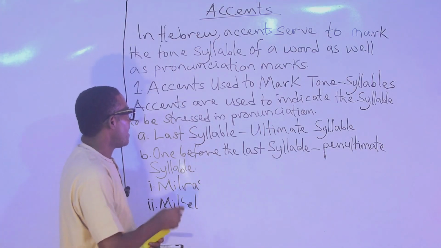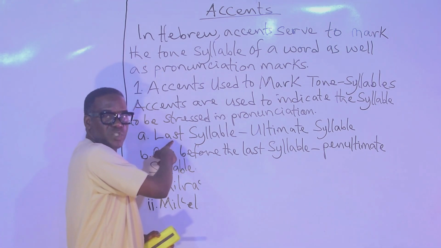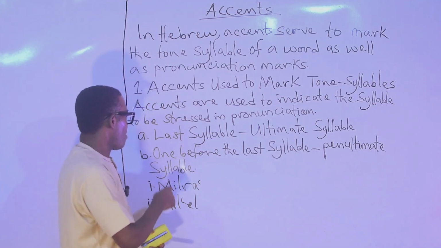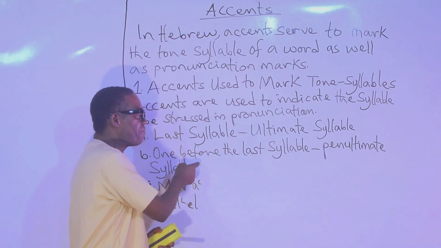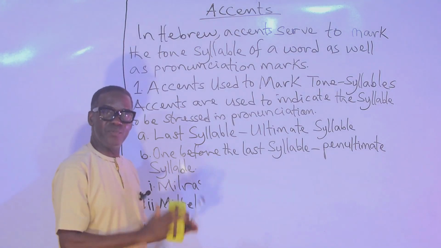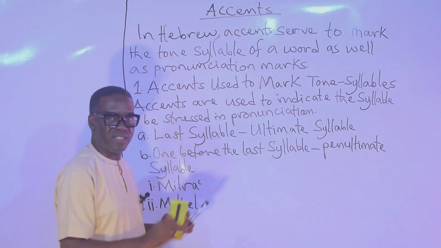In Hebrew, accents are placed on the last syllable or on the one before the last syllable. These are the two syllables in Hebrew on which accent is placed.